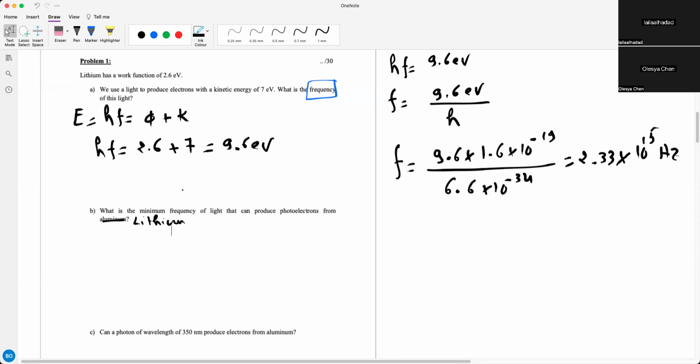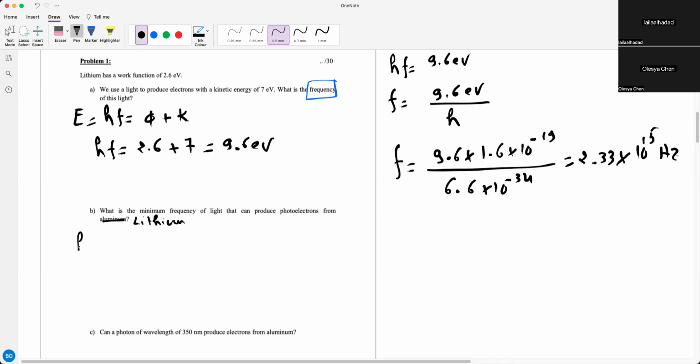Okay, what is the threshold frequency? We should use the work function of lithium, 2.6 electron volts, which is the energy of a photon that we need, so we can convert it down to frequency. Exactly.